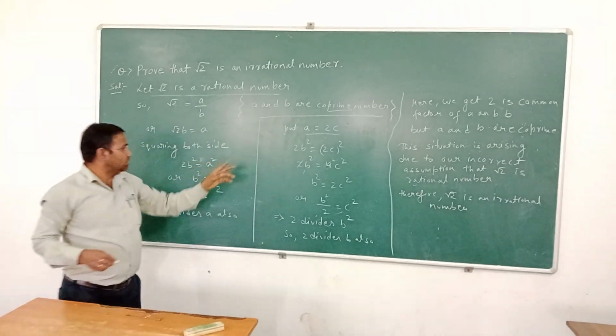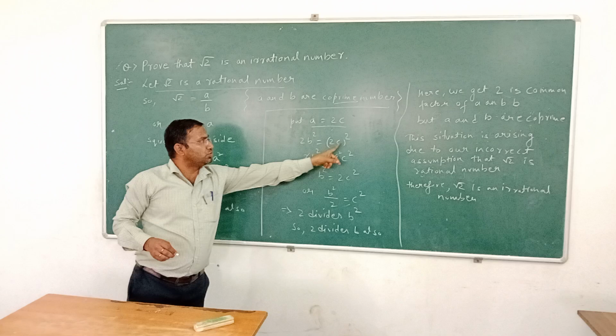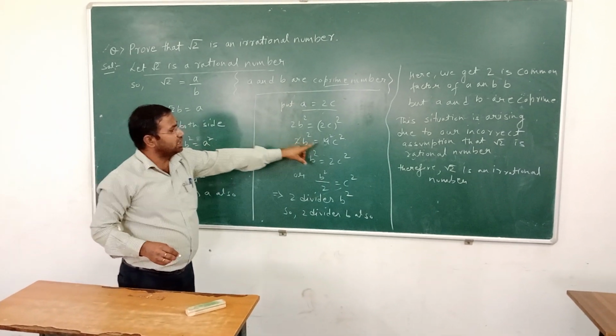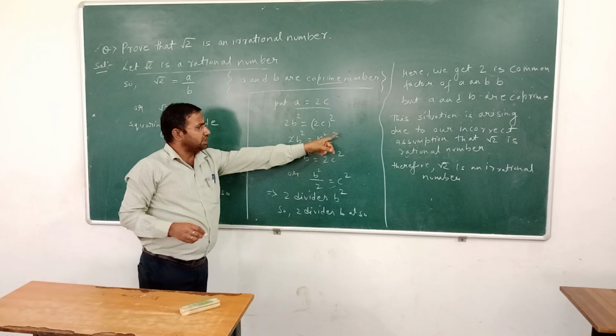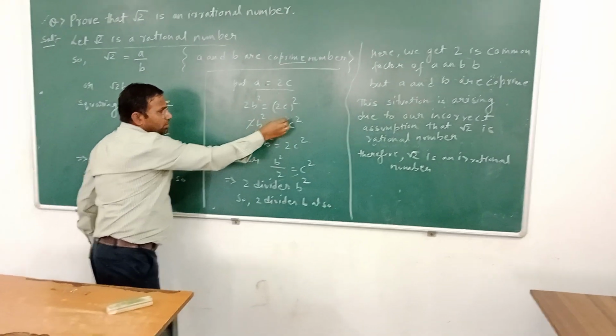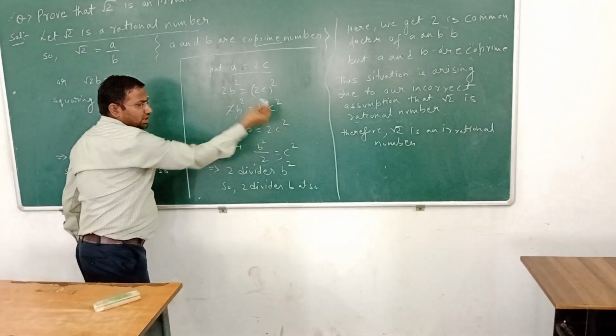On putting 2c in place of a, we will get 2b square is equal to 2c whole square. Now what will we get? 2b square is equal to 4c square. We will cancel the 2 and 4 by 2, and we will get b square is equal to c square.